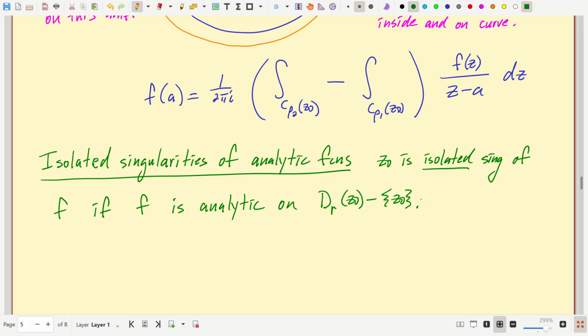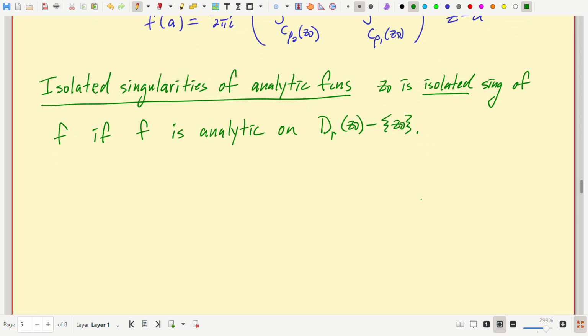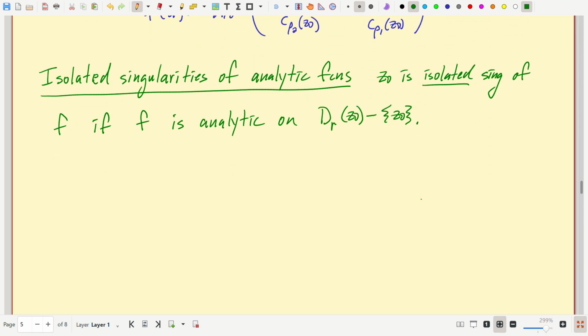Okay, it could do something bad at Z naught. It could blow up, like 1 over Z minus Z naught would blow up. And we'll see there's other possible behaviors. In fact, there's only 3 possible behaviors, and we're going to deduce that soon.